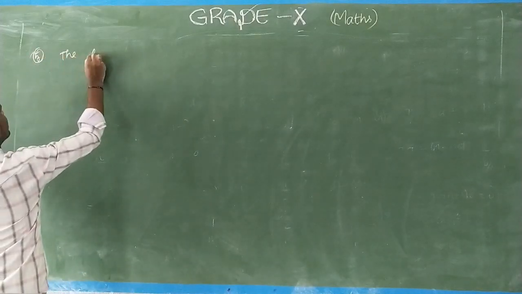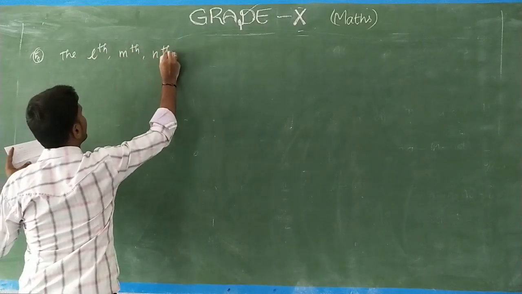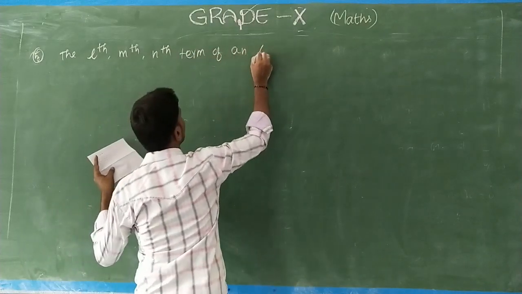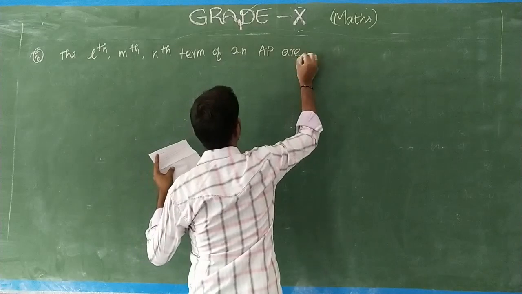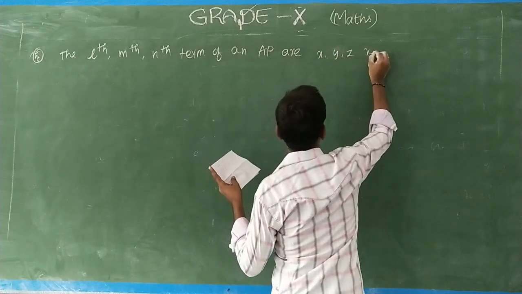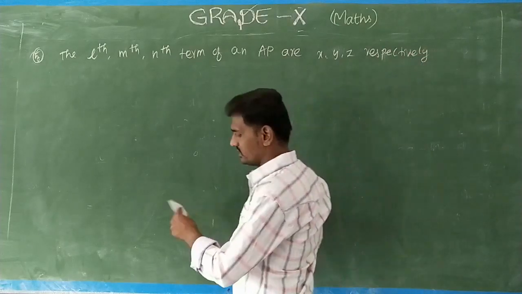The lth, mth and nth term of an AP are x, y, z respectively.